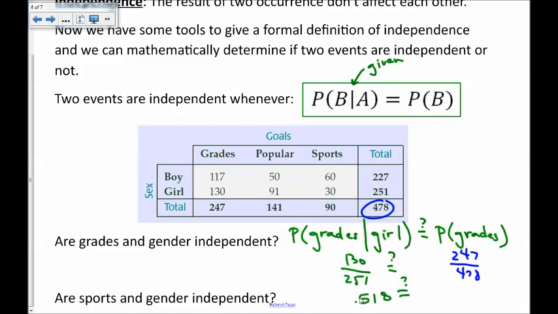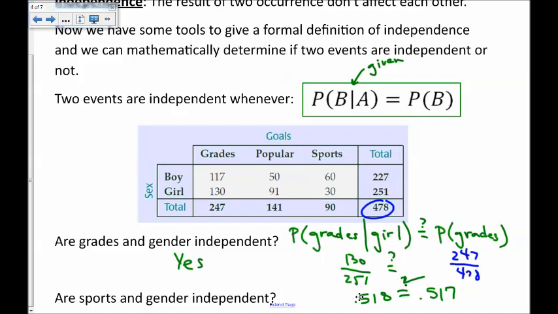Is that roughly equal to 274 divided by 478, which is 0.517? Now you may be saying mathematically they're not exactly the same, but we're dealing with real numbers here, so you have to be somewhat forgiving, and these are close enough to say that they probably are independent of each other from this data. So are they independent? I would say yes.